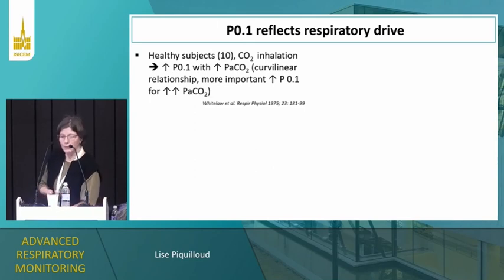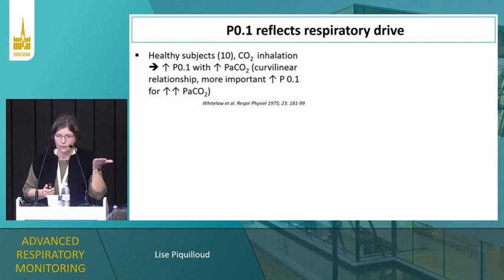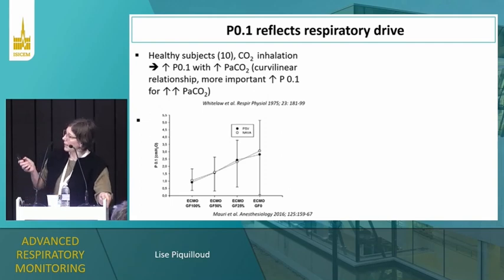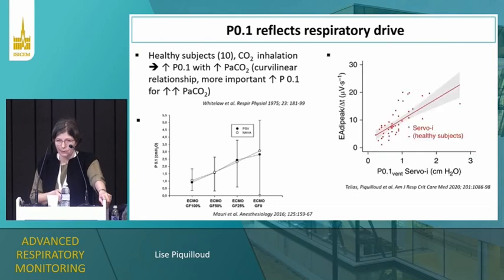And you can see that this P0.1 really reflects drive. First, if you take healthy subjects and you increase CO2 in inhaled gases, of course it's an experiment, you can see that the higher the PaCO2, the higher the P0.1, because drive is higher. If you take patients under ECMO, and if you change the VV ECMO gas flow, here you have 100% of assistance, and then you decrease the gas flow up to nothing, and you can see that in parallel you have an increase in P0.1, which reflects the increase in respiratory drive.